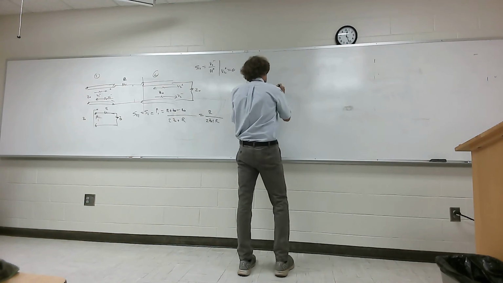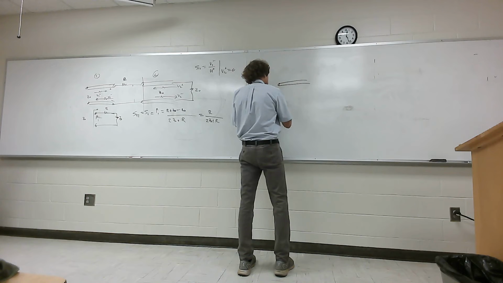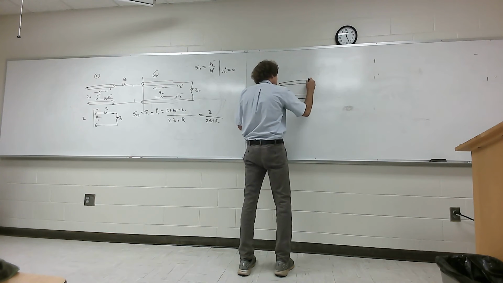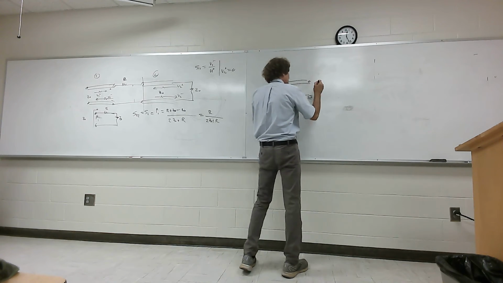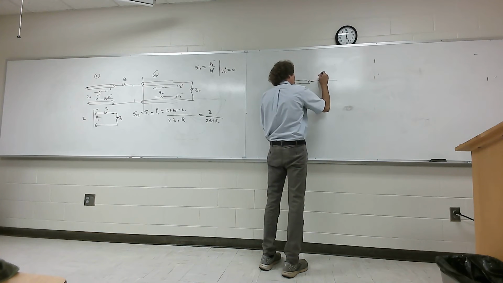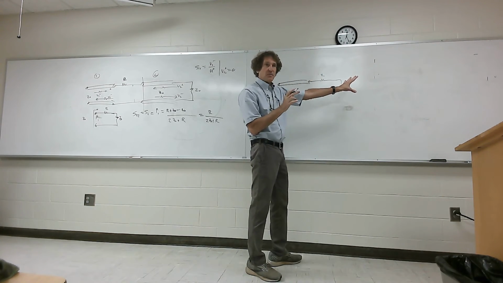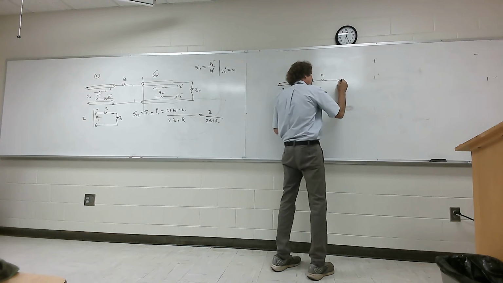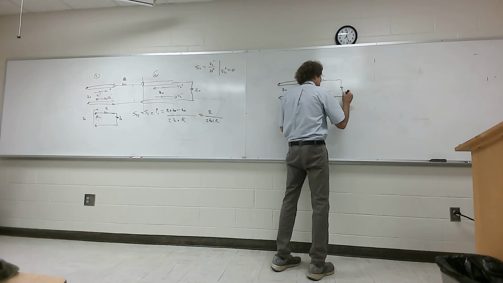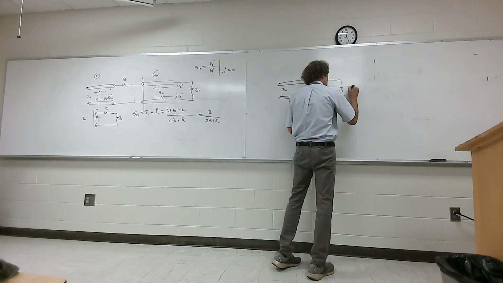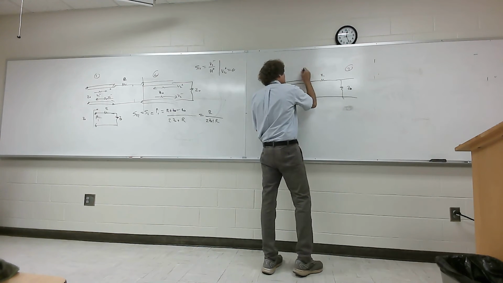Now my circuit looks like this. I have characteristic impedance Z0, then I have my resistor R, and I have my impedance Z0 over here. You all follow me? I'm just going to show that impedance here as Z0. And this is port 2, this is port 1.